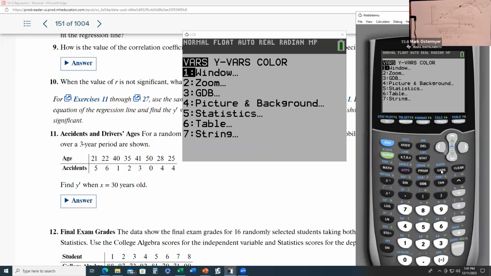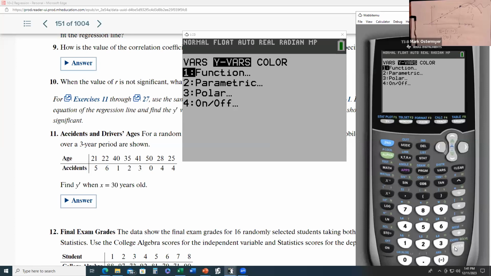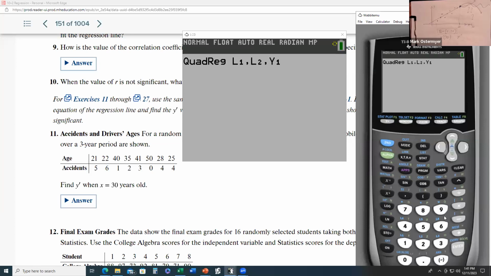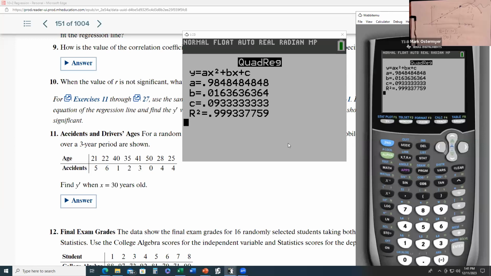So we get vars, Y vars, function, Y1, calculate. And would you believe there is our quadratic function that's generated? A, the leading coefficient, is about 0.98 times x squared, plus the linear coefficient 0.016 times x, plus the constant term of about 0.093.